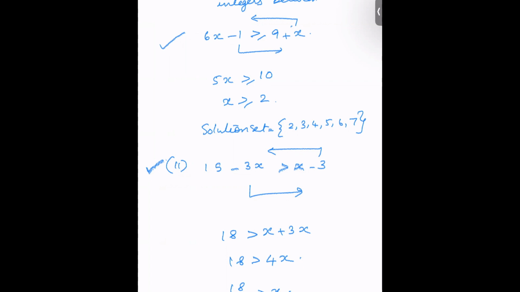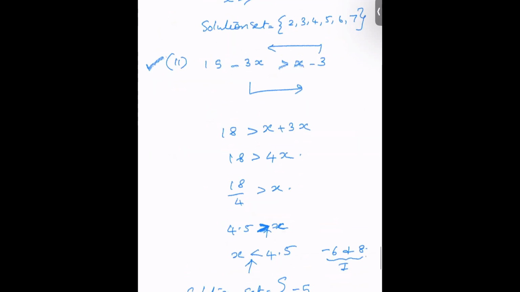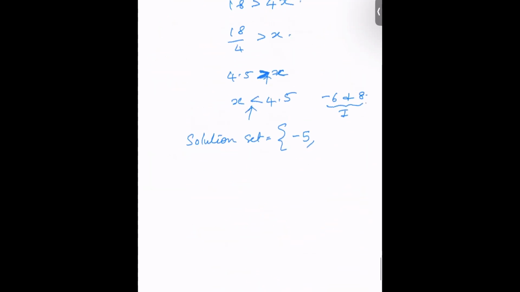All the possible values of the solution set can be picked only from the replacement set. Replacement set means integers between -6 and 8, not including -6 and 8. The smallest value that x can have is -5.